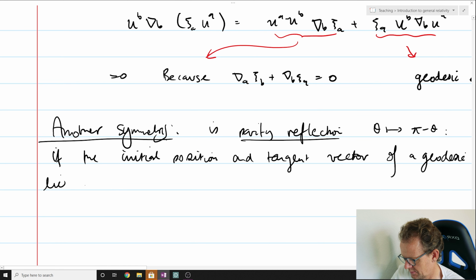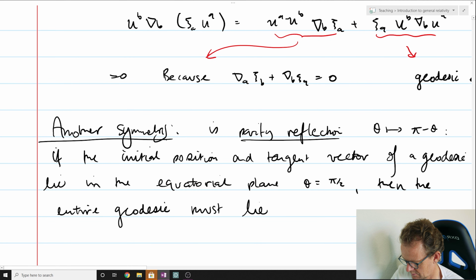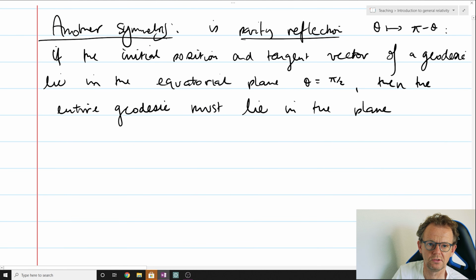So if the initial position and tangent vector lie in the equatorial plane, θ equals π/2, then so must the whole geodesic. And what that means is that you can just take one rotation and move the geodesic motion of any test body into the equatorial plane.